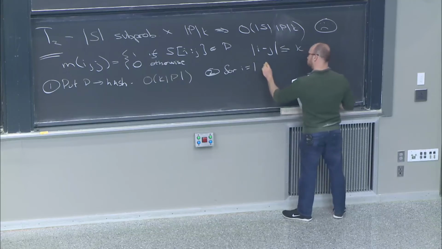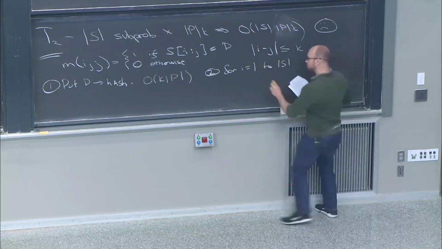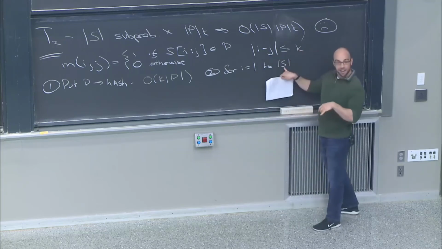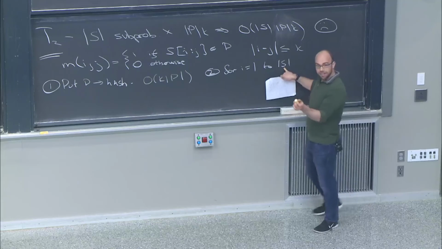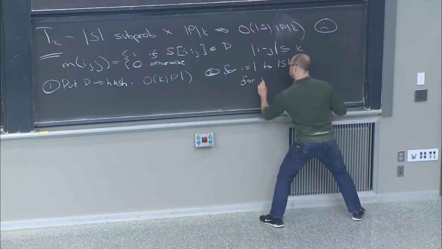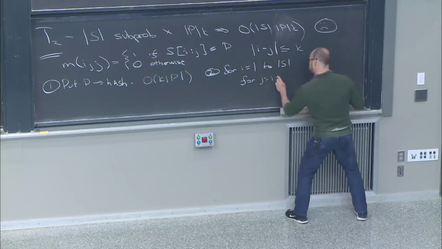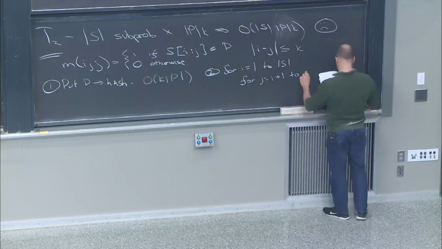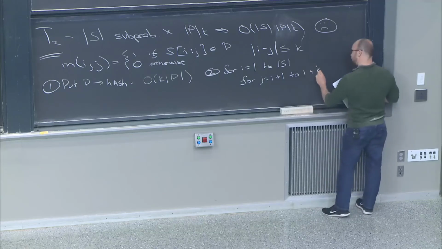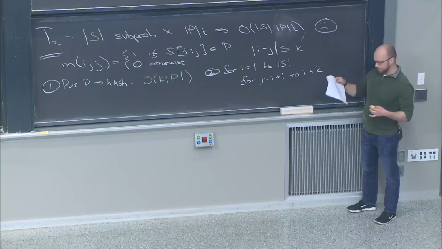So I could go from 1 to the size of my string s for i. Careful, now I can't incur an s squared, but I know that my strings are always at most length k, so I could do for j equals i plus 1 to i plus k. So this for loop actually incurs k time, not |s| time.